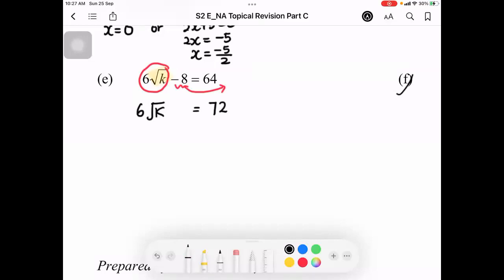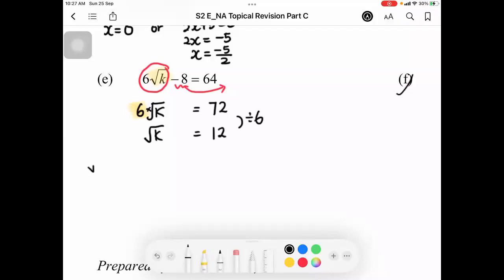Deal with the outermost enemy first. The outermost is actually the number 6. This is 6 times square root k. I want to undo 6, so I divide by 6. 72 divided by 6 gives me the number 12.